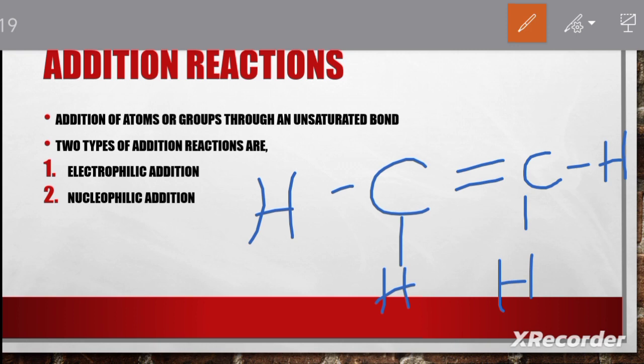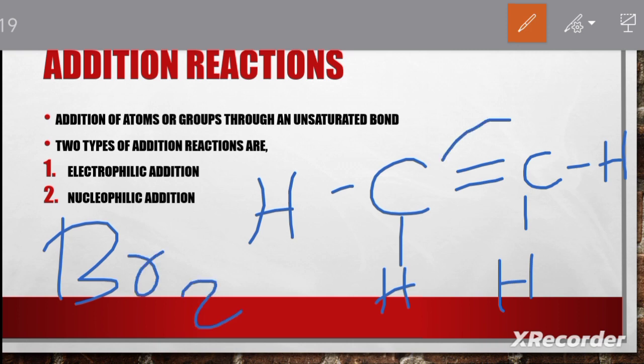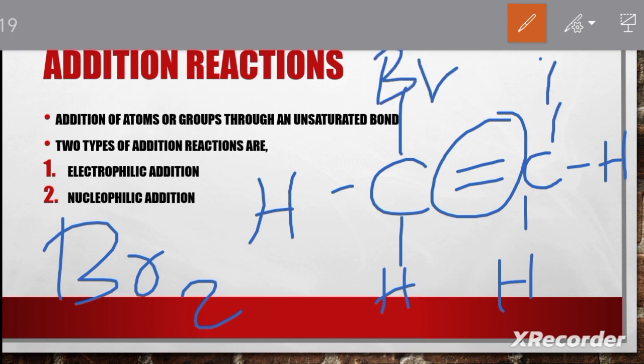I am going to add Br2 to this unsaturated bond. Replacing this unsaturated bond, bromine to bromine can be joined like this. So this double bond becomes a single bond. This type of reaction is known as an addition reaction.